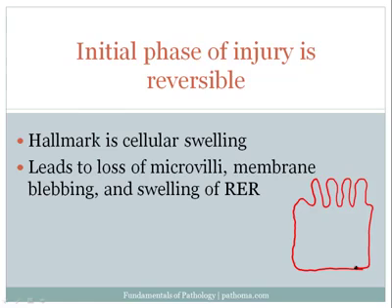However, if these cells become hypoxic and lose their oxygen and then subsequently can't produce ATP, sodium is going to build up in these cells, and as sodium builds up, water is going to come in, the cell is going to swell up, and these microvilli are going to be effaced or lost so that the microvilli are no longer present.